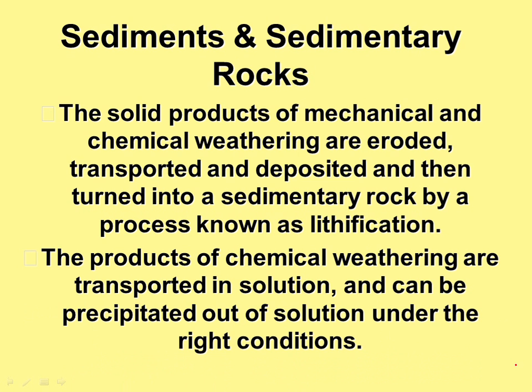The products of chemical weathering involve putting materials into solution, and those materials are equally transported by groundwater, streams or rivers to different locations until the concentration of those materials in those solutions reaches a point, under the right pressure and temperature conditions, that will result in precipitation either as cements to bind together the fragments of pre-existing rock, or as minerals that form sedimentary rocks in their own right of the precipitation variety, as it were.